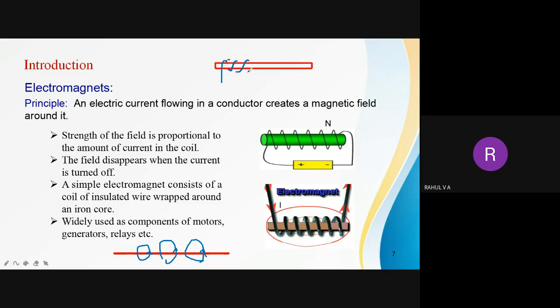With the same conductor, if I design a winding like this, I'm taking one iron core and wrapping the conductor around this iron core. So what happens? This field keeps on adding, and it becomes a strong magnet.